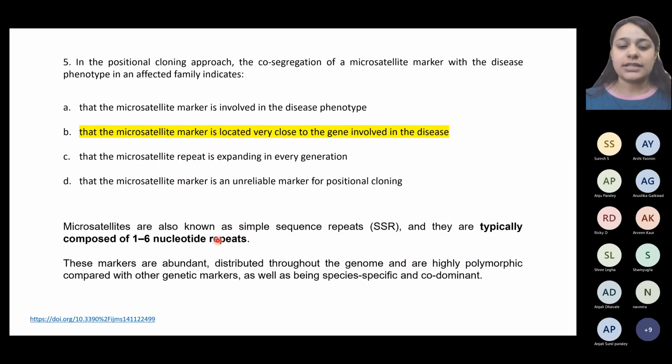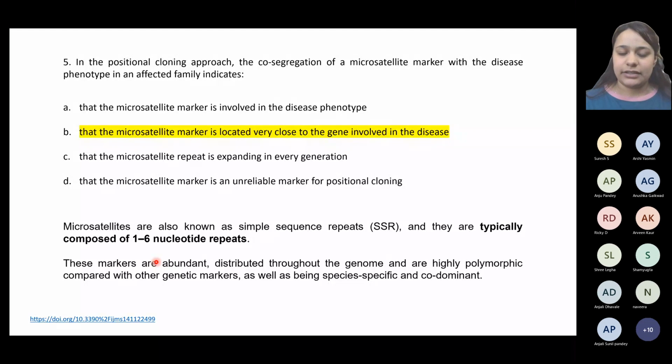Okay, microsatellites are also known as simple sequence repeats, and they are typically composed of 1 to 6 nucleotide repeats. So, what does a simple sequence repeat mean? It basically means that the same sequence is repeated again and again, right? For example, if the sequence is A, T, A, T, A, T, then that is how it will be repeated.